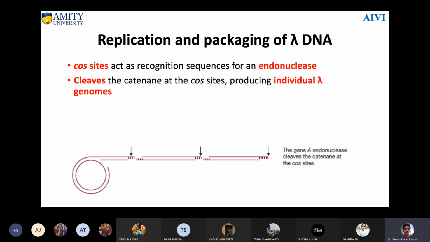When it cleaves, you have a double-stranded molecule, and the endonuclease activity leads to the production of sticky ends. The recognition site is around 12 base pairs long, because a 12 base pair long sticky end is to be generated.